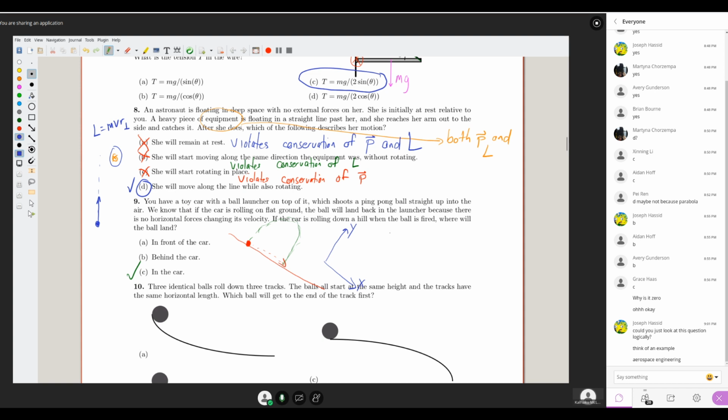In this case, remember that the acceleration of gravity in x is g sine theta. You can just say ax here. And this is the same acceleration in x for both the car and the ball.